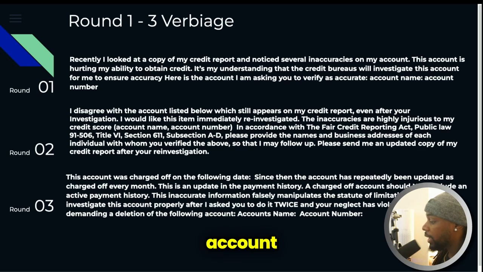A charged off account should not include an active payment history. This inaccurate information falsely manipulates the statute of limitations. You failed to investigate this account properly after I asked you to do it twice, and your neglect has violated my rights. I am demanding a deletion of the following account number, account name.